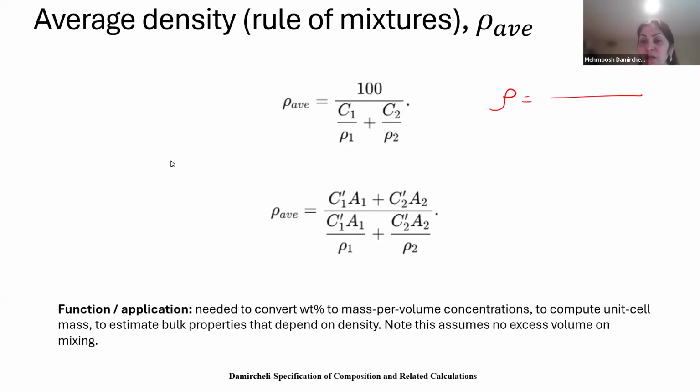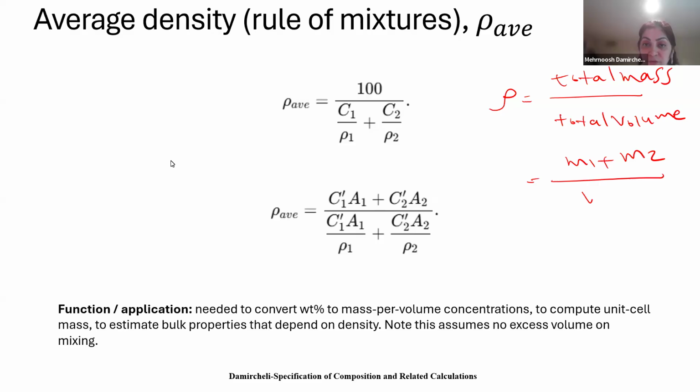Rho average should be total mass per total volume, meaning (M1 + M2) per (V1 + V2). If you substitute for V1 and V2, for example rho 1 is M1 per V1, so V1 is M1 divided by rho 1.